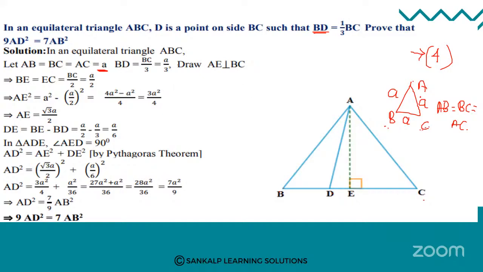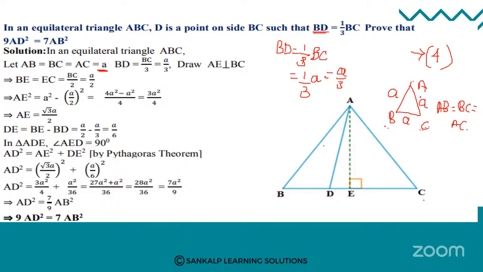Next, BD they have given, that is 1/3 of BC. 1/3 of BC means BD is equal to 1/3 of BC. So 1/3 of BC, where BC is A, that means 1 into A is A divided by 3. Next, draw AE perpendicular to BC. Draw one line, that is AE perpendicular to BC, right?